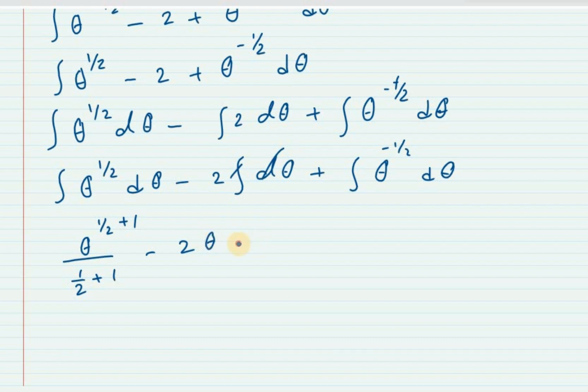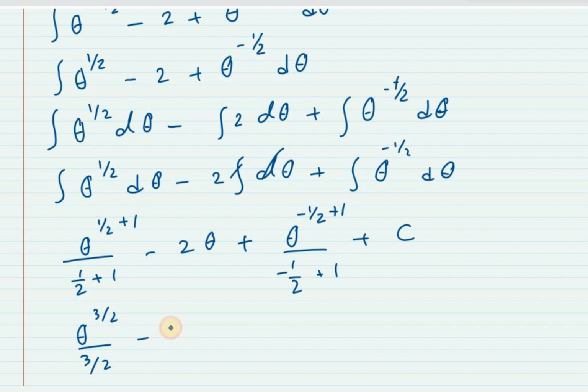I will write 2 theta plus minus 1/2, just add 1 with the power and divide with the power, and plus c, which is the integration constant we add when we integrate the equation.